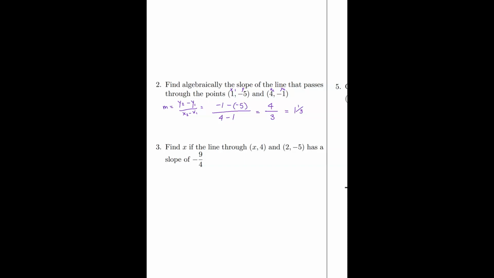All right. I also want to talk about how we would find a missing value if we know the slope. So in this case, we're told our slope is -9 over 4. And we're also told that we have a 4 here, minus a 2 here, and I'm going to have my x, which is my unknown.